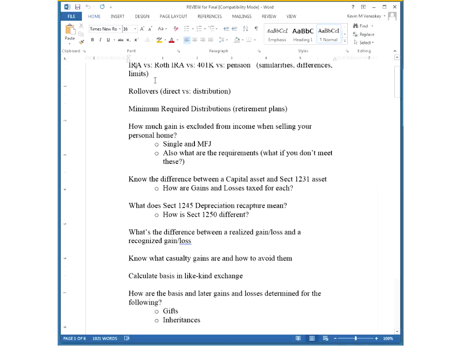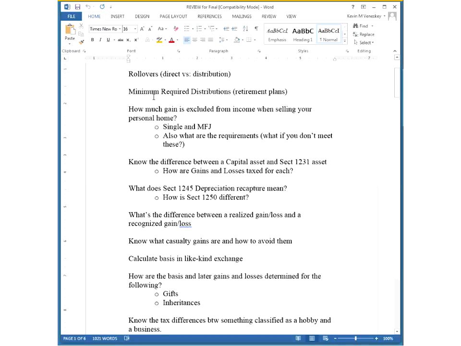The first company would have kept 20% for federal tax purposes. So it's usually better to go ahead and just get a direct rollover. If it's at all possible, then you don't have to worry about any of it.